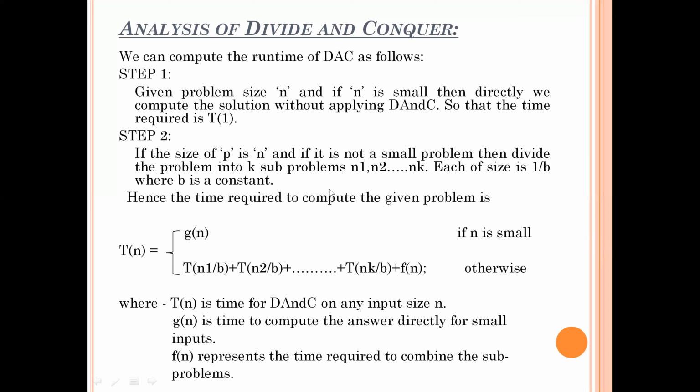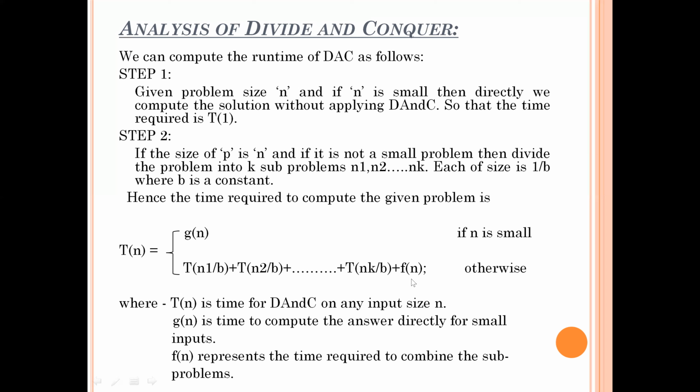So T of n is the time required for solving n1, similarly the time for solving n2, similarly the time for solving nk, and so on. So it can be given as T of n1 by b plus n2 by b plus n3 by b, and so on up to nk by b. So this is how it will be divided.